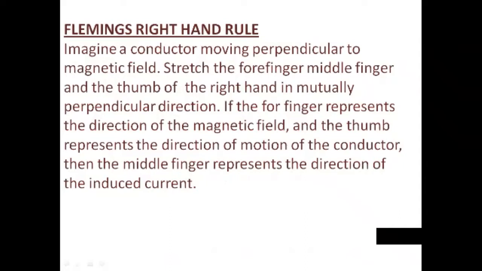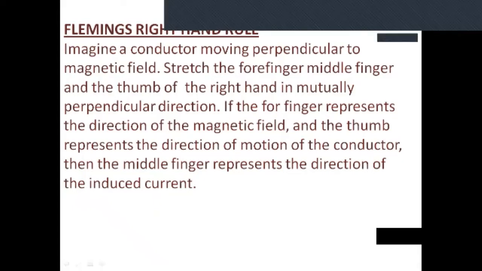The forefinger represents the direction of the magnetic field, and the thumb represents the direction of motion of the conductor, and the middle finger represents the direction of the induced current.